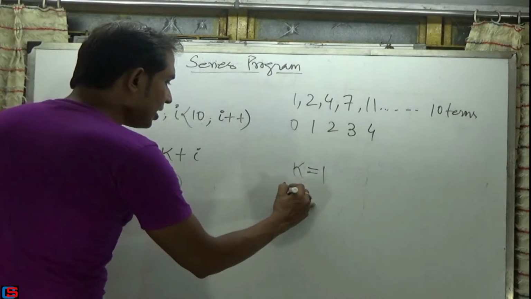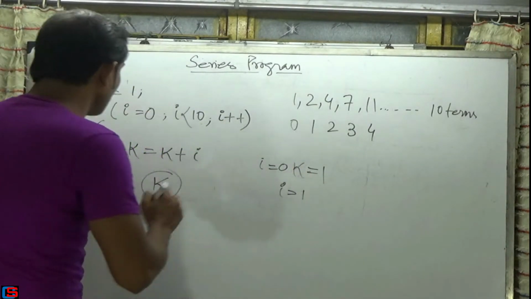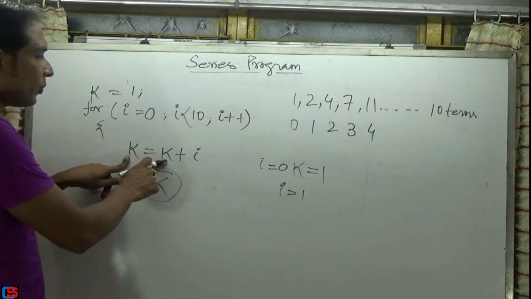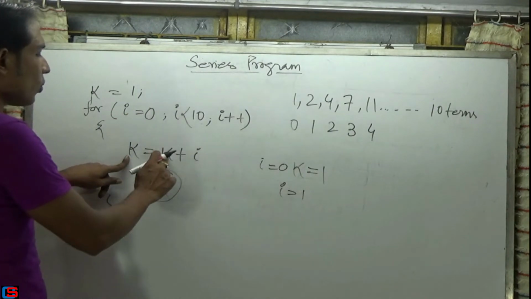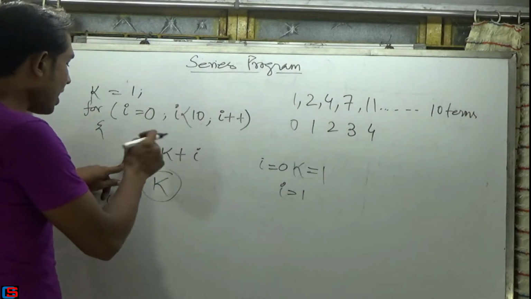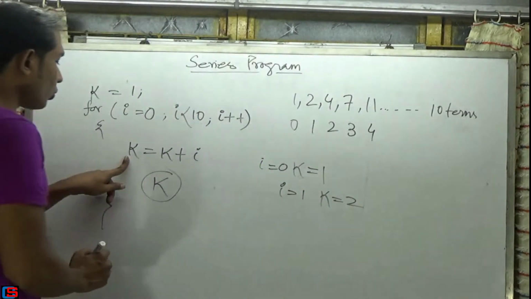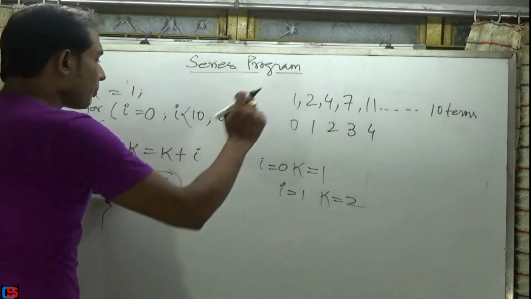Now k equals to k plus I. The previous k value is 1 and the I value is 1, so 1 plus 1 is 2, and it is stored in variable k. Now k is printed, and the value of k is 2.